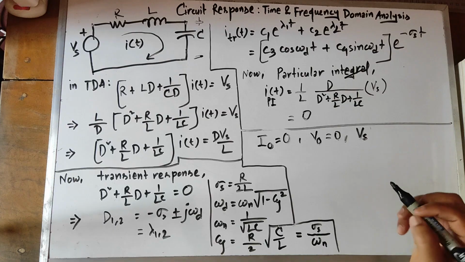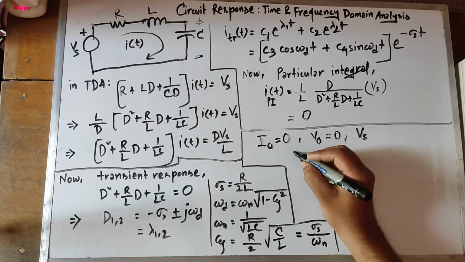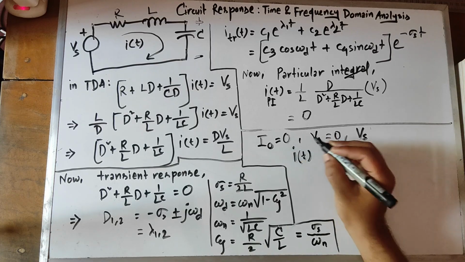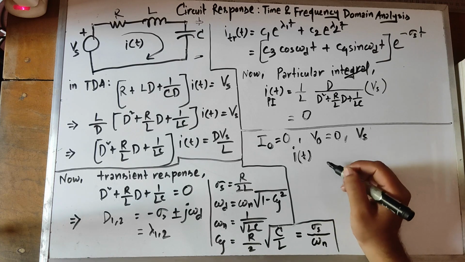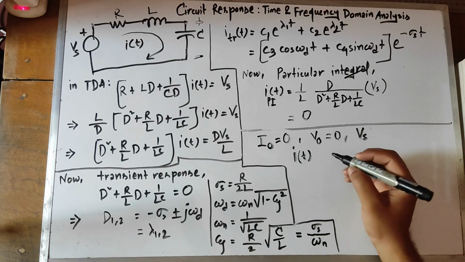So initially, the current through the inductor is zero because there's no assumed initial current.